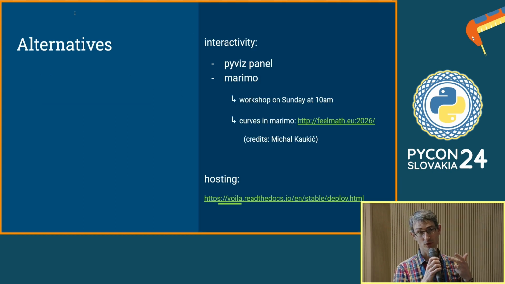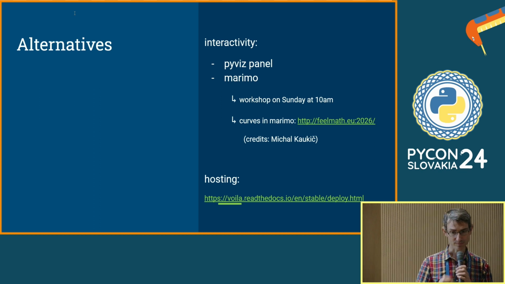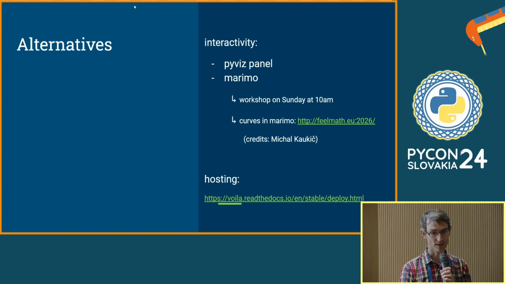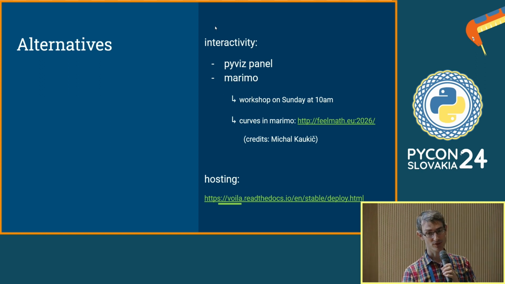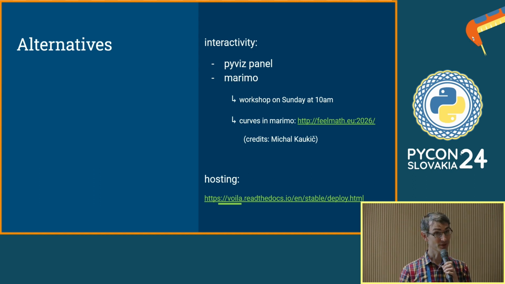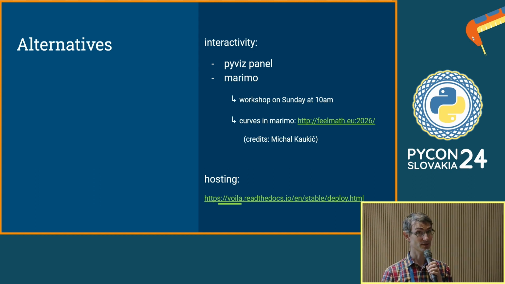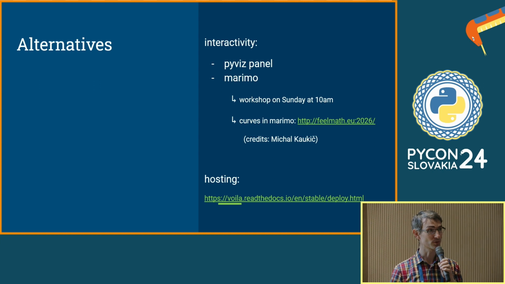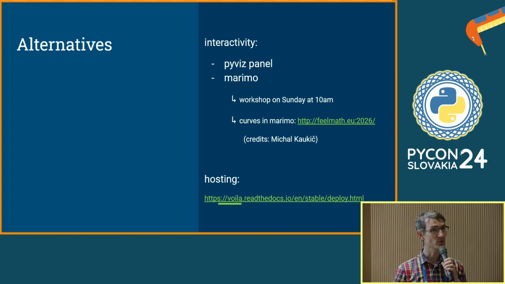I want you to know about two alternatives here. So interactivity, I'm promoting Jupyter widgets, but the other options are Panel and PyViz, or Marimo. If you have heard about Marimo, I would like to know your opinion. For me, Marimo could be a replacement for Jupyter Notebook, since it's a smart notebook.